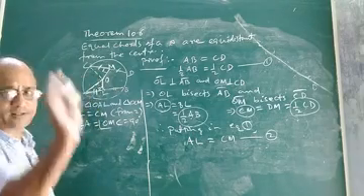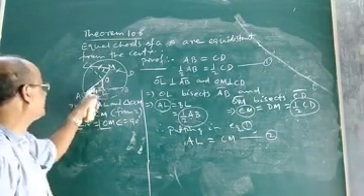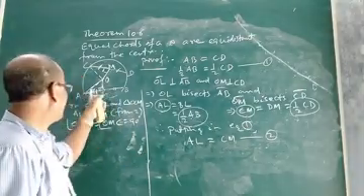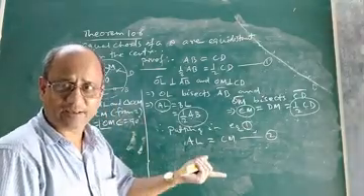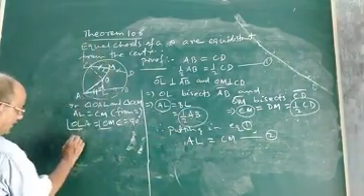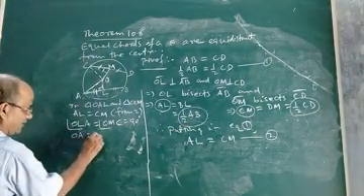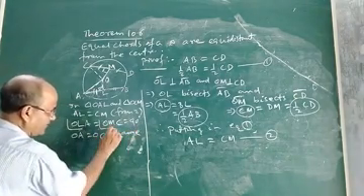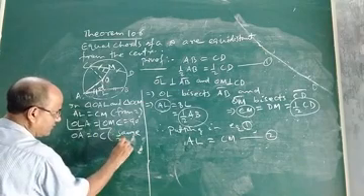AL equals CM. What is the third condition? OA equals OC, because they are the same radii of the circle. This is the reason you have to write in brackets: same radii.